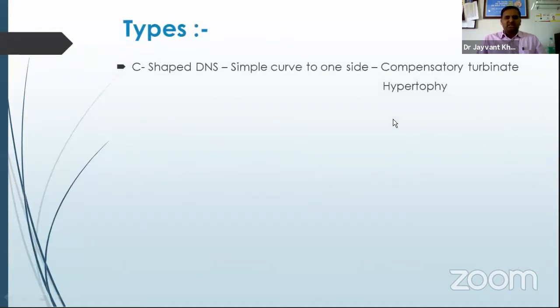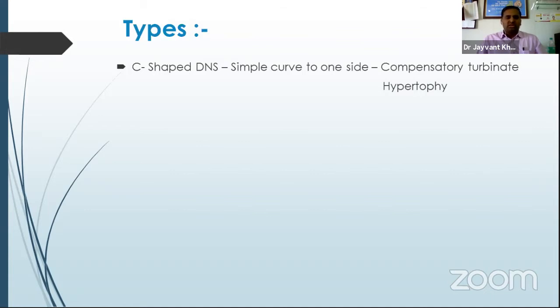Then we will see in detail. C-shaped deviation: simple curve to one side. Compensatory turbinate hypertrophy is seen in C-shaped deviation because one side of the nasal cavity is completely blocked and the other side functions more to compensate.